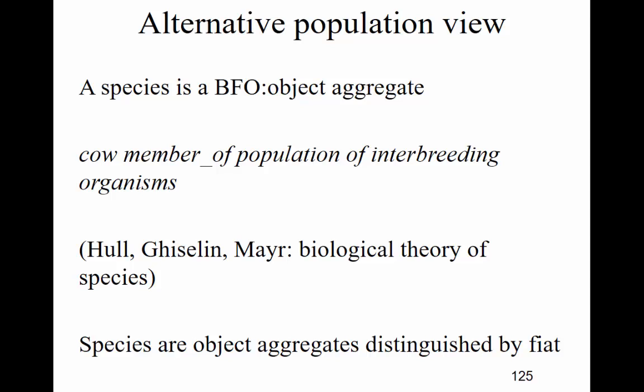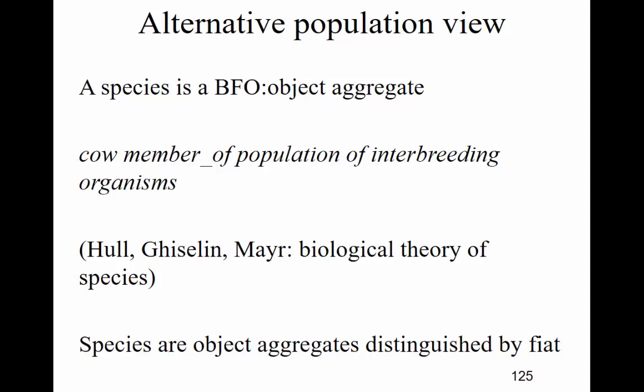And in a way, if I were doing philosophy, I would say that the Mayr view is correct. But when we're doing ontology, we know that we're going to need some fiat types. Hypertension is an example. And so there's no ontological price to pay by having also species as being types represented in our ontology. It's just that they are fiat types, like head, tail, leg, and so forth. All right, any questions about that?